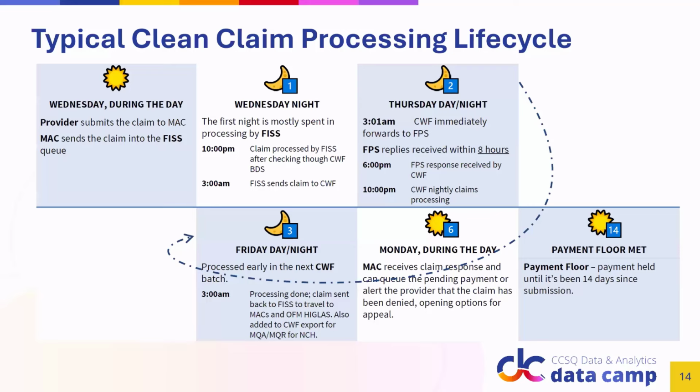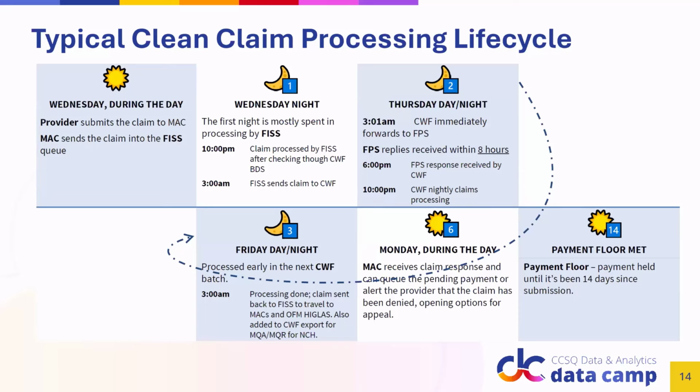This is really the life cycle of a claim as it's being processed. Let's suppose on Wednesday during the day, a provider submits a claim to the MAC. The MAC sends the claim into the Fiscal Intermediary Shared System queue.